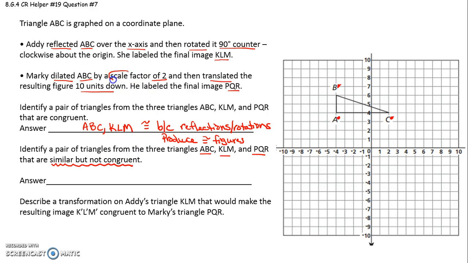Then identify the pair of triangles from the three ABC, KLM, PQR that are similar but not congruent. As soon as you're dilating with this scale factor of 2, you know Markey's figure will be similar but not congruent to the original. So ABC and PQR. Also, I'll tell you KLM and PQR. Either pair of those are similar but not congruent.